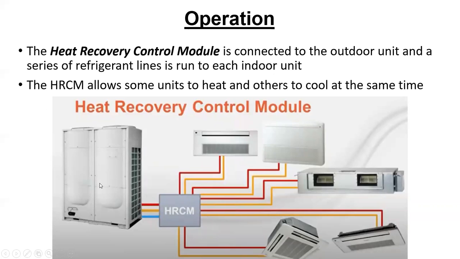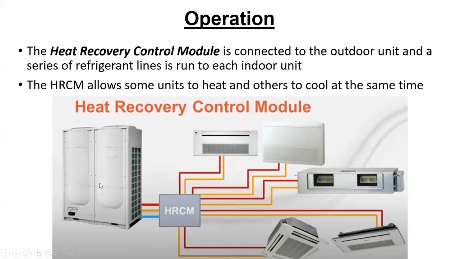Okay, the heat recovery control module is connected to the outdoor unit, and a series of refrigerant lines is run to each indoor unit. The HRCM allows some units to heat and others to cool at the same time. Okay, so you've got to be able to supply what?